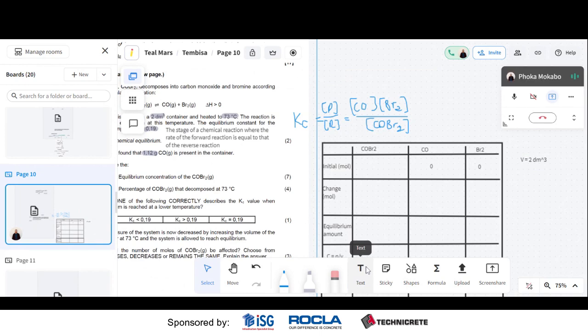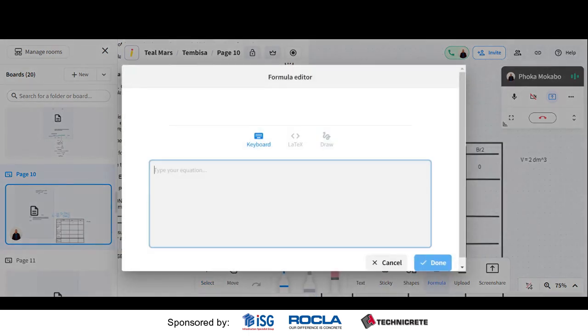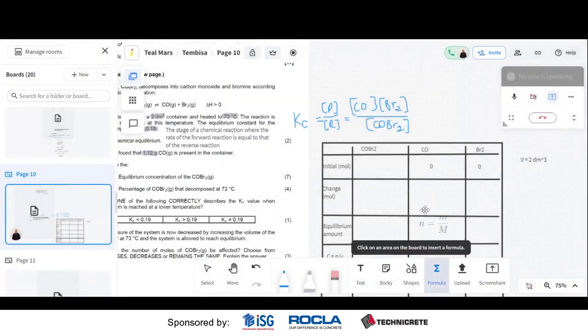Now if you plug that into the molar mass formula, let's just do that quickly. N equals m over M.